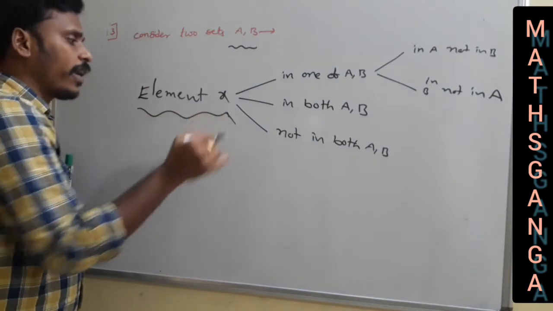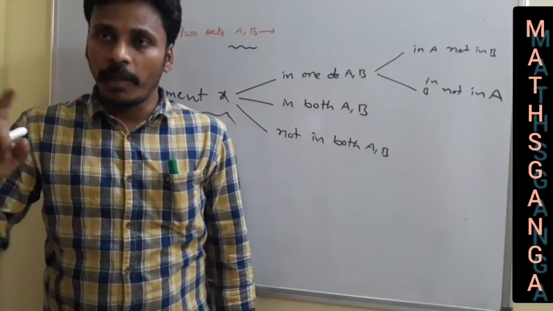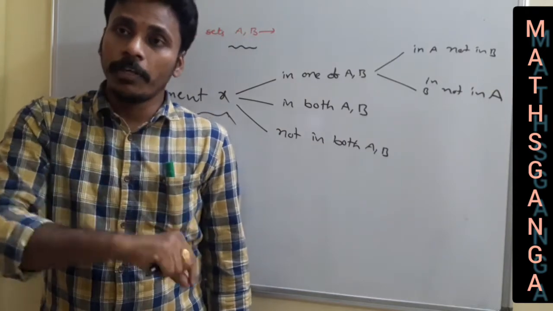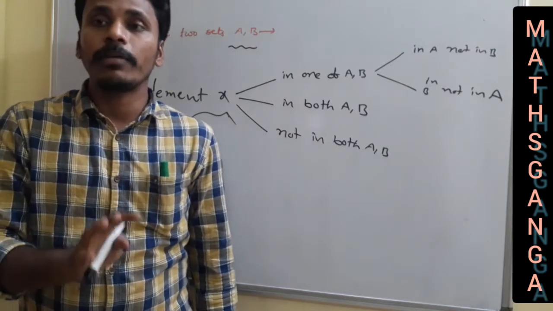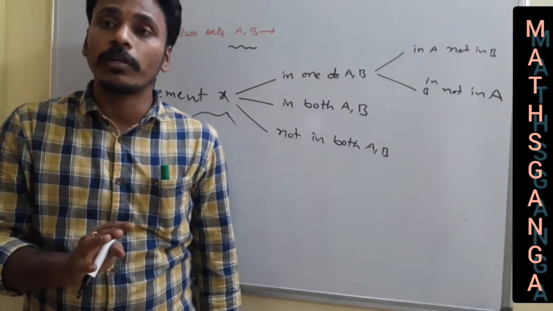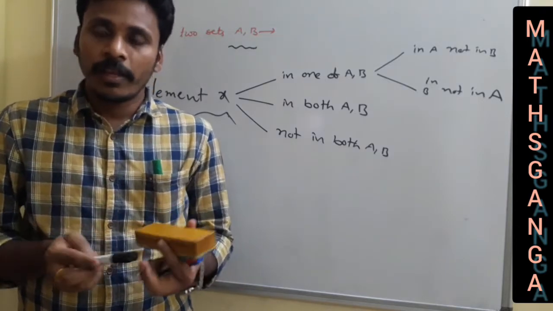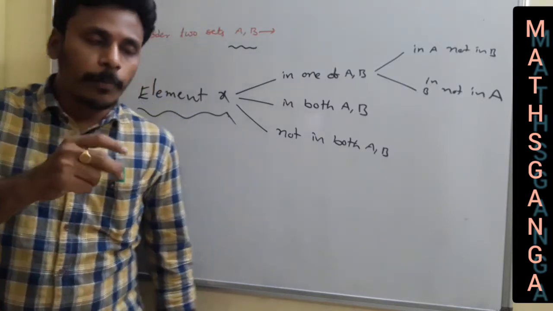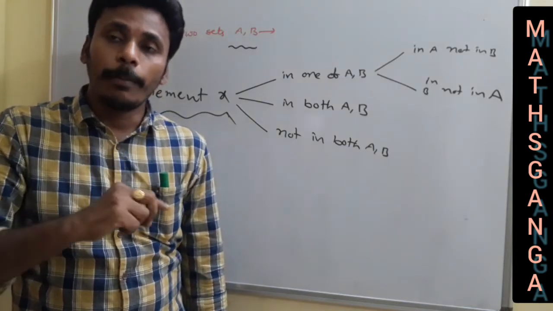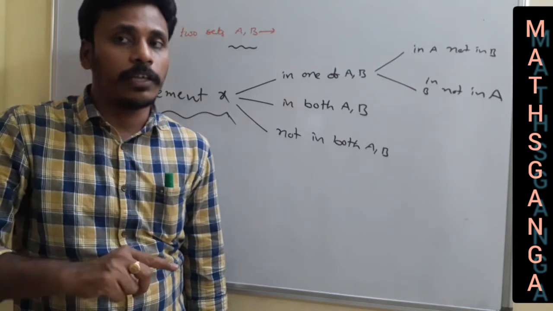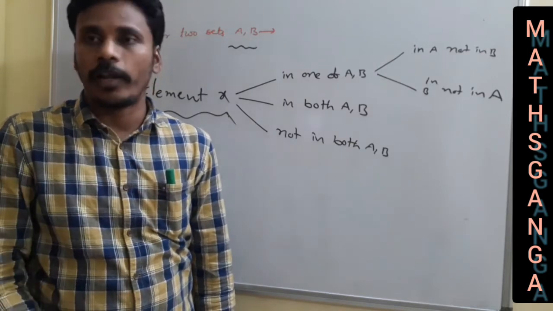If I have any element x, that element x may be in A, not in B. May be in B, not in A. May be in both A and B. May not be in both A and B. That means that element x has how many possibilities? 4 possibilities. If you think about the possibilities from the side of that element, it may be in A or may not be in A. So related to A, there are 2 possibilities for x.